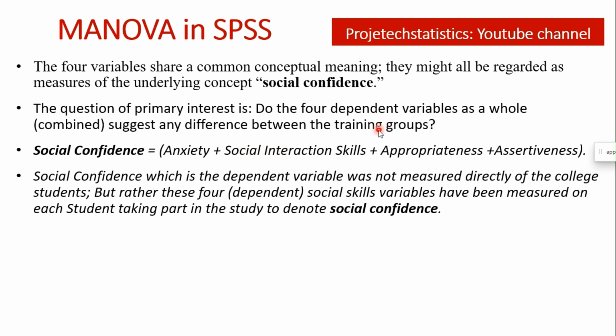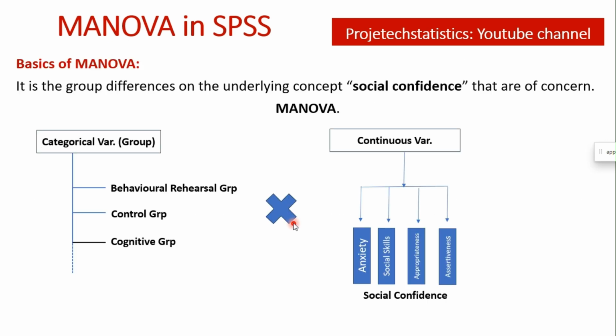And social confidence is measured using anxiety, social interaction skill, appropriateness, and assertiveness. Social confidence, which is the dependent variable, was not measured directly on the college students, but rather each of these four dependent social skill variables has been measured on each student taking part in the study to denote social confidence.